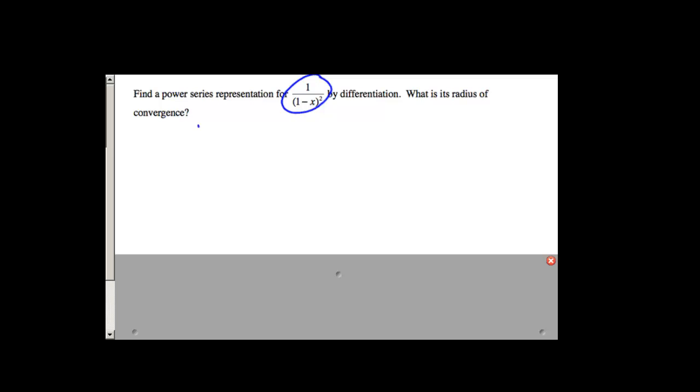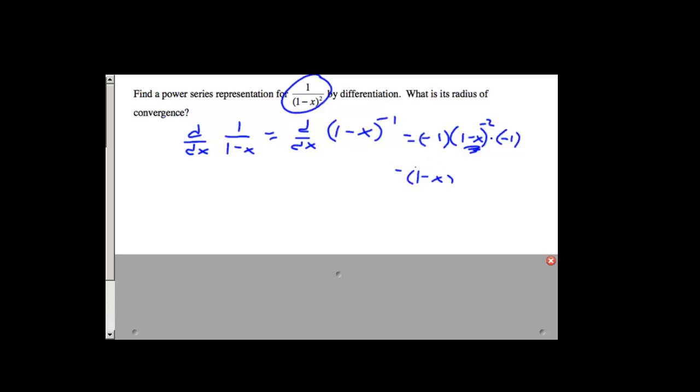We know that the derivative of 1 over 1 minus x equals, well, if we think about taking the derivative of 1 minus x to the -1, it would be -1 times 1 minus x to the -2, times the derivative of that inside, which is -1. So we would get back 1 over 1 minus x squared. So therefore, the derivative of 1 over 1 minus x is this.